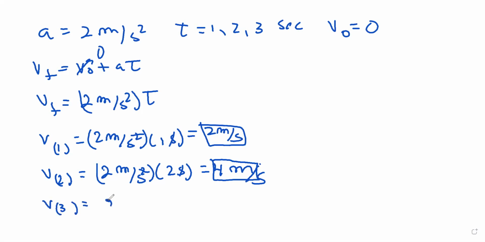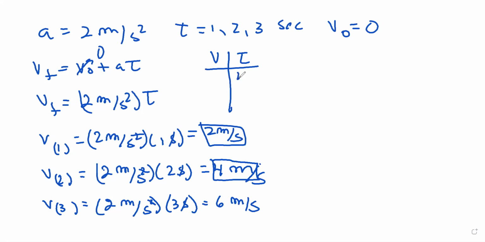So it's going to be 2 meters over second squared, which is your acceleration, and it's going to be 3 seconds. So second is going to cancel with the square, and this is going to be 6 meters over second. Okay, so you got a graph of the velocity against time.